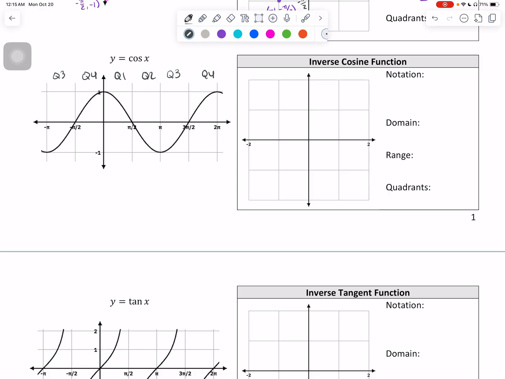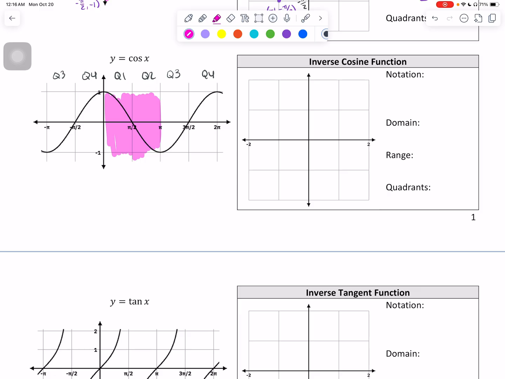But you know in all of the functions, when you type them in your calculator, if it's positive, it will give you an angle in quadrant 1. So if we're using quadrant 1 and we want it to pass the horizontal line test, we can see that this one will include quadrant 2.